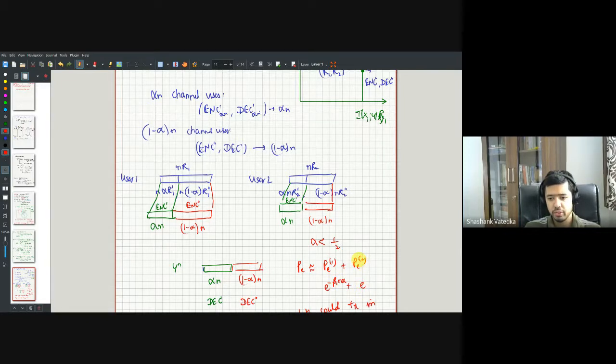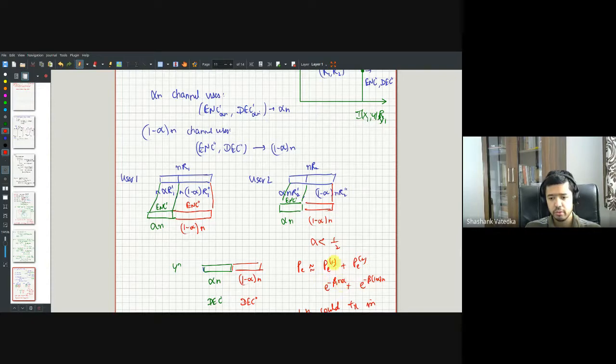The probability of error for decoding the second block is e to the minus beta 1 (1 minus alpha) n. Since alpha is less than half, typically the first term dominates the probability of error.